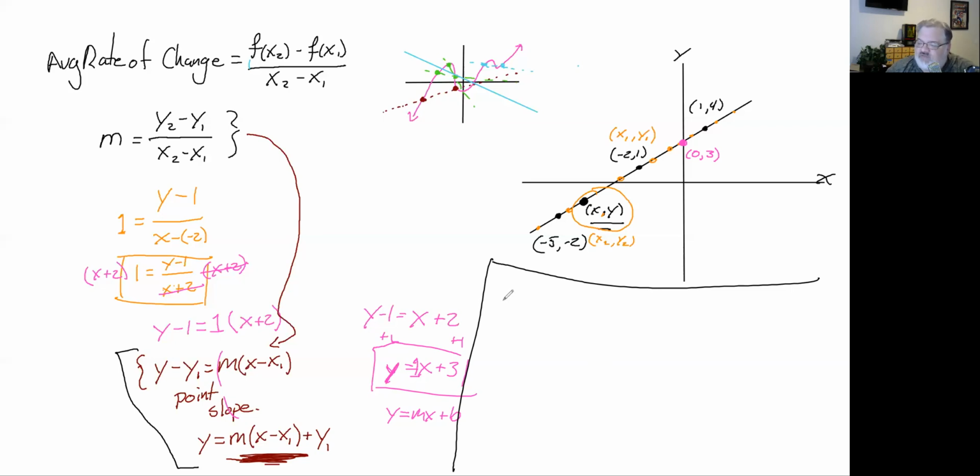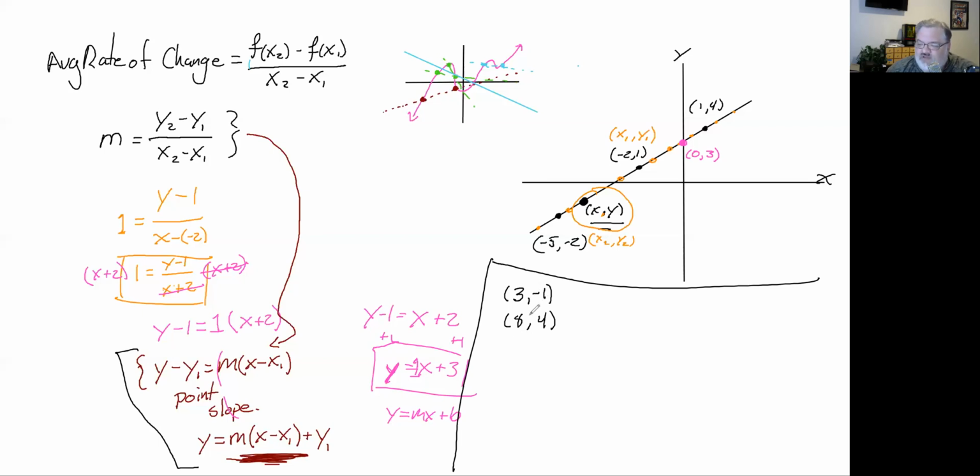So let's say, for example, we're told we have 2 points, let's say 3, -1, and 8, 4. And you want to find the equation of the line between 2 points. Being able to find the equation of a line between 2 points is an important skill. So make sure you practice it. It comes up on quizzes, tests, other courses, other types of problems a lot. So make sure you practice this.